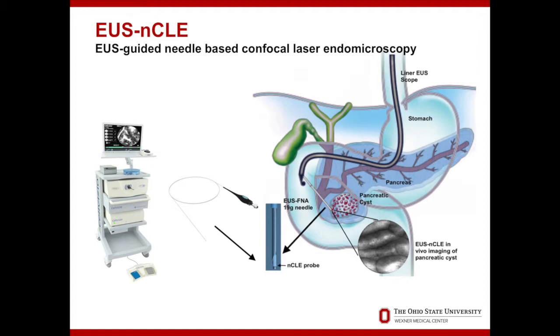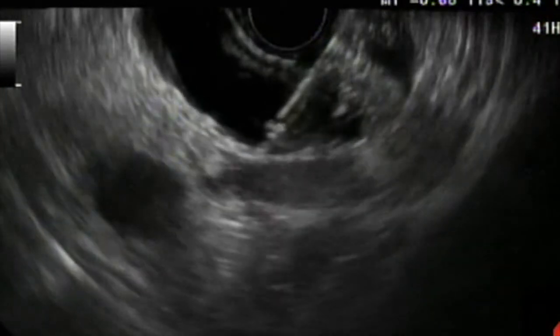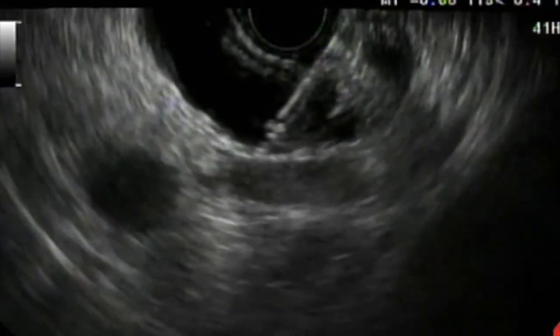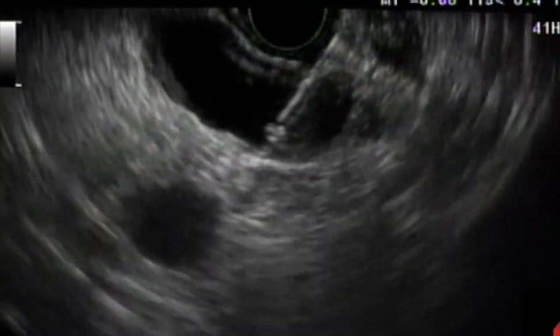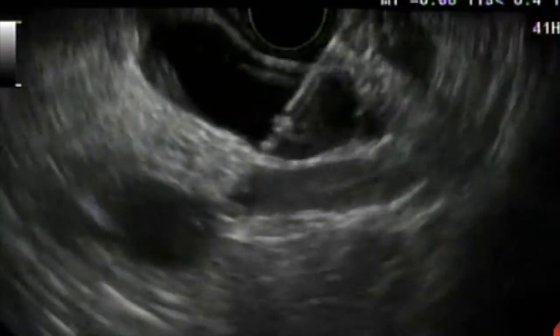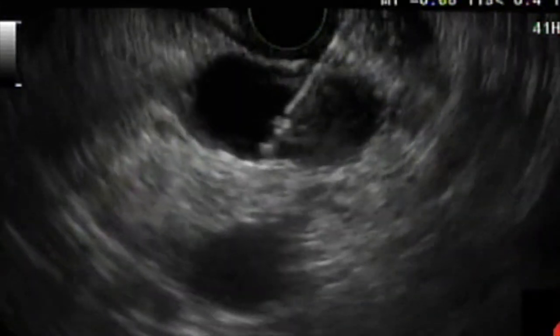Typically, we use the Boston Flex needle, which is a nitinol needle for flexibility. Once we see the cyst of interest, the needle is actuated into the cyst, and then the probe is advanced and locked in position.